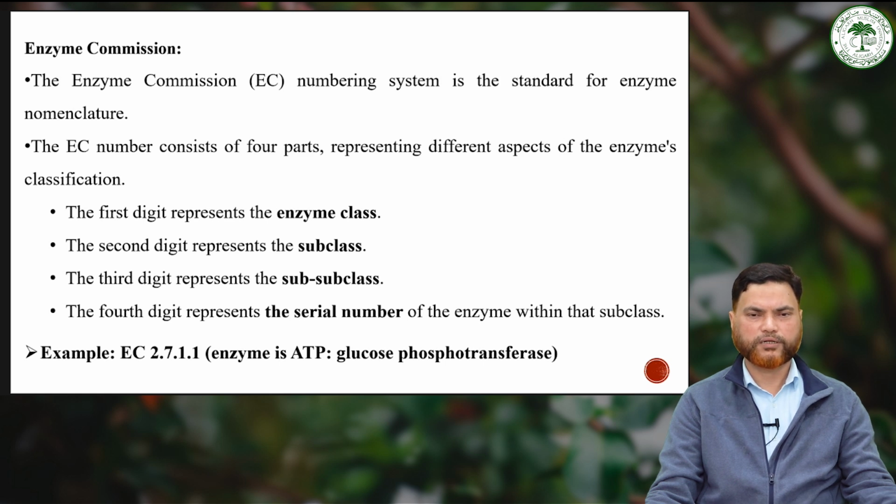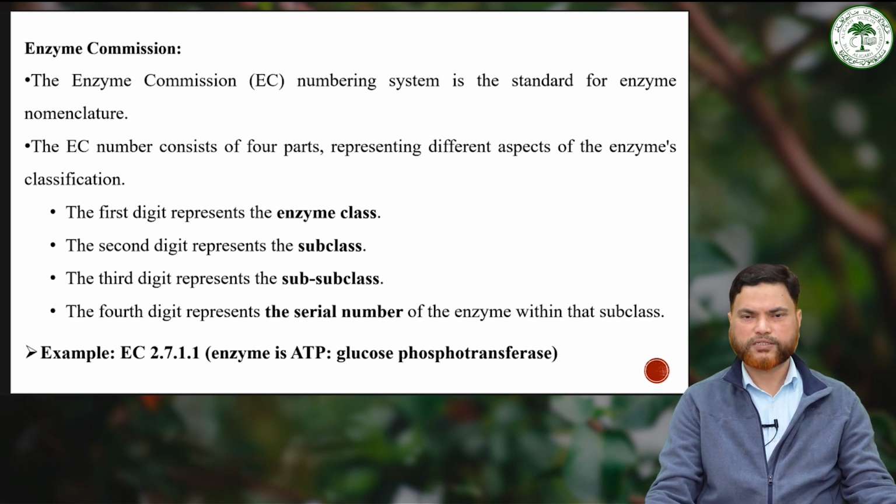So ATP glucose phosphotransferase is the enzyme involved in catalyzing this particular conversion, and this name indicates that it facilitates the transfer of a phosphoryl group from ATP to glucose.